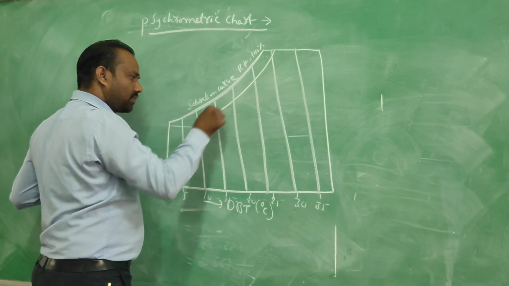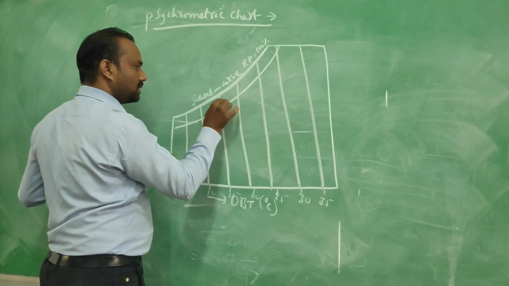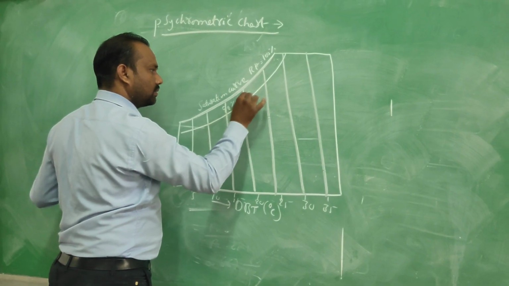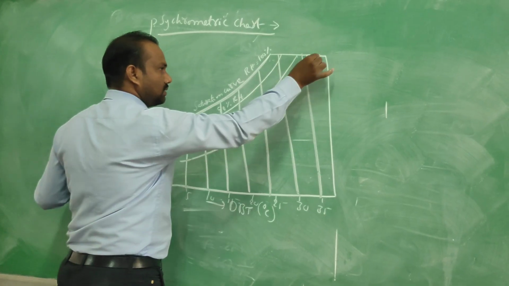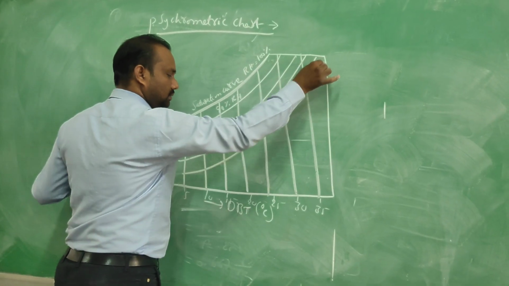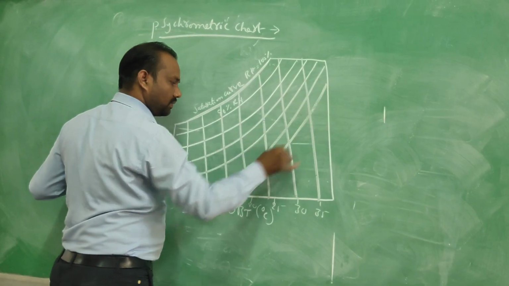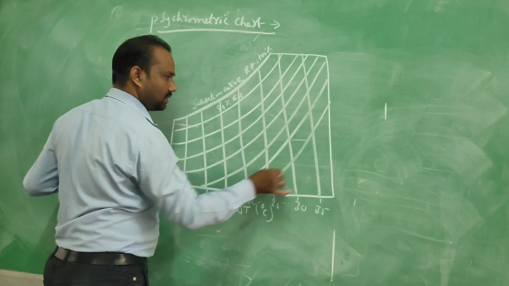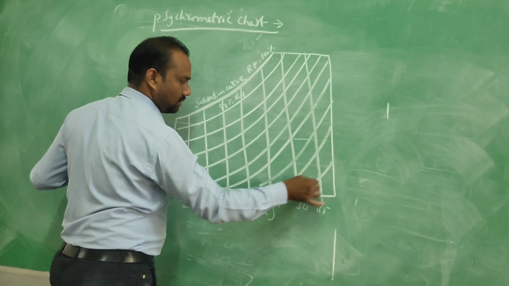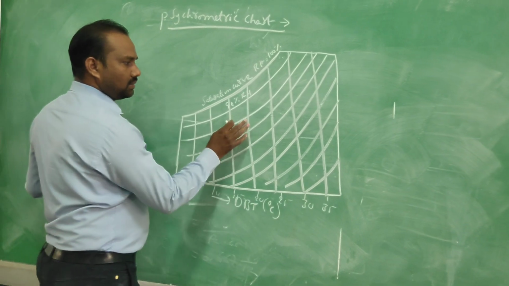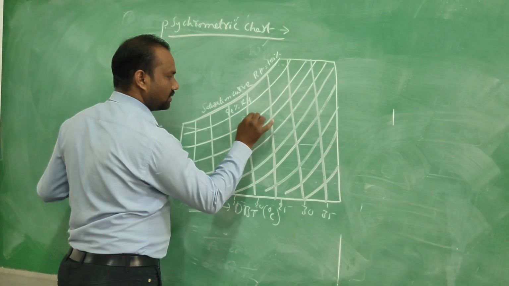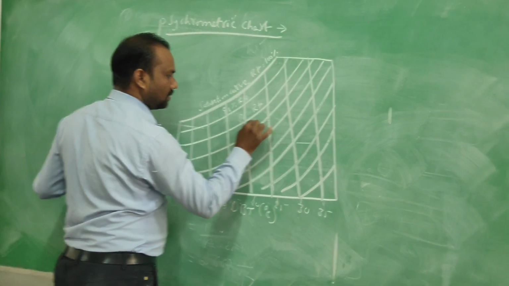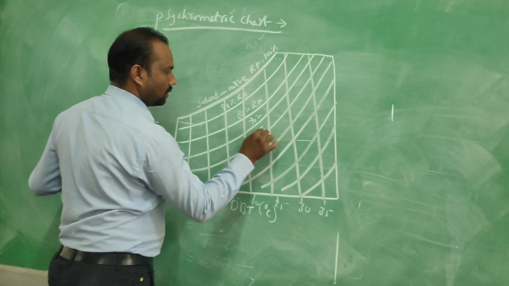If you draw a number of curved lines, this is the 90% relative humidity line, then 80%, 70%, 60%, 50%, 40%, 30, 20, 10. So all the curved lines on the psychrometric chart indicate relative humidity lines.